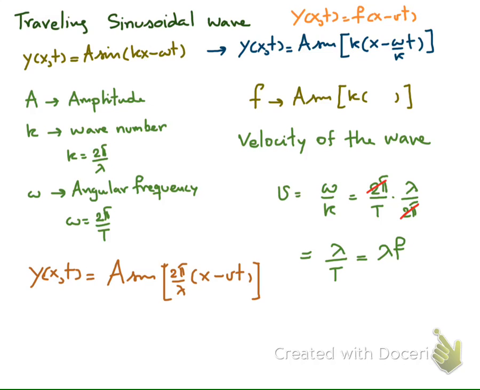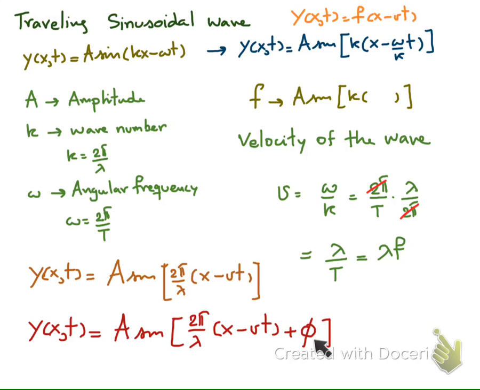So to make this equation more general, we can use the same concept as when we explained the oscillatory motion: the more general form of the traveling sinusoidal wave is A sine (2 pi over lambda times (x minus vt) plus phi).